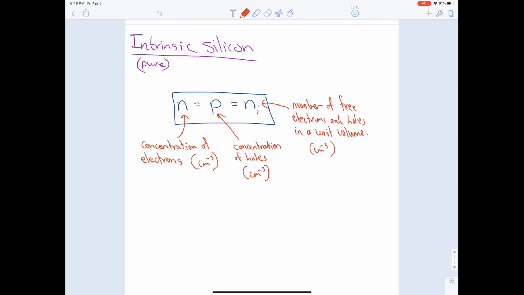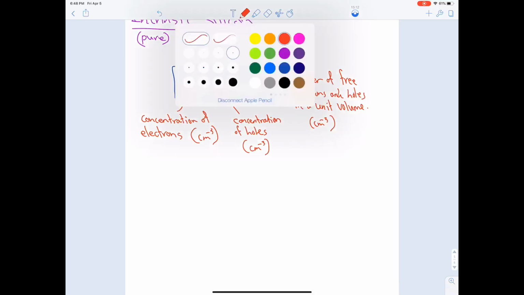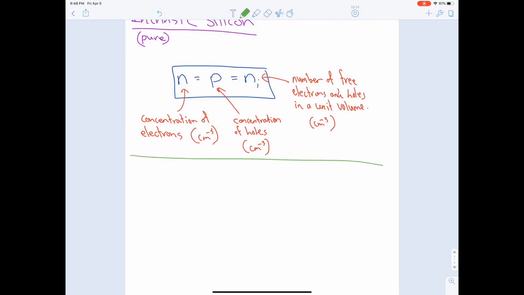Now, what is Ni? What's the equation for Ni? Ni is equal to B T to the power of 3 over 2 exponential minus Eg over 2kT. Okay.